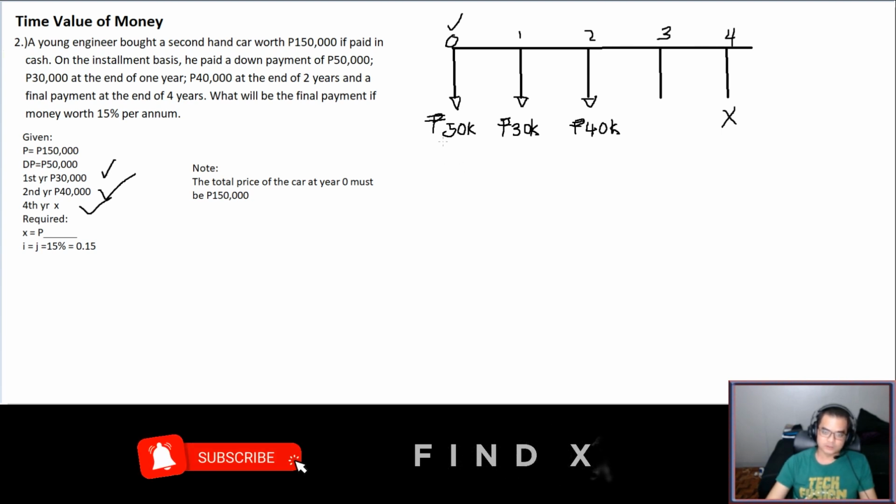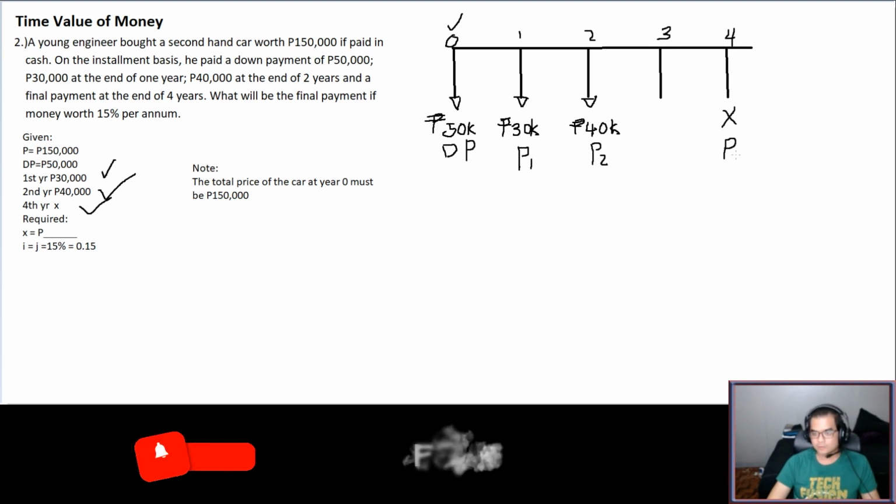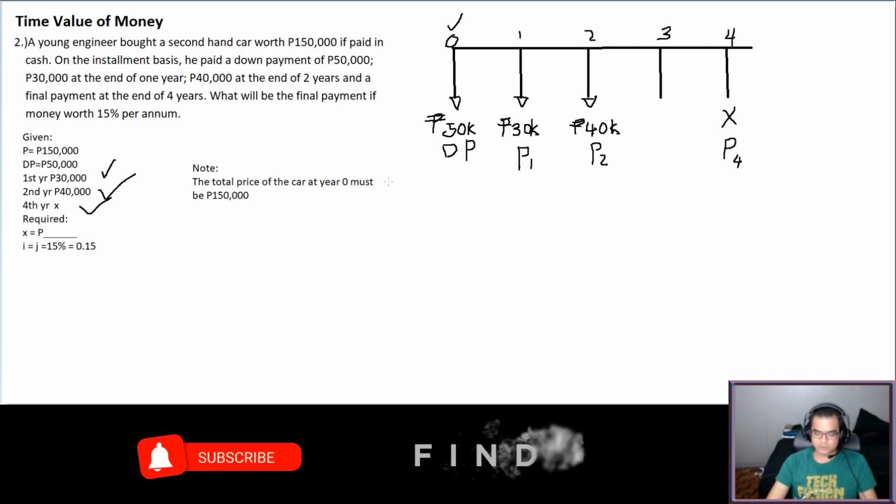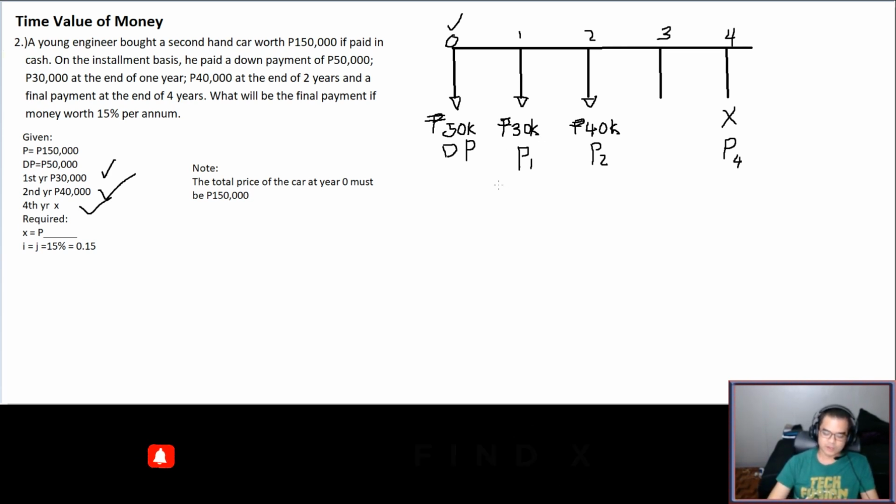Again, we're going left. This is your DP, your 50,000 down payment. Let's say this is your P1, this is your P2, and this is your P4. I use P because we are going to the past, to the present.